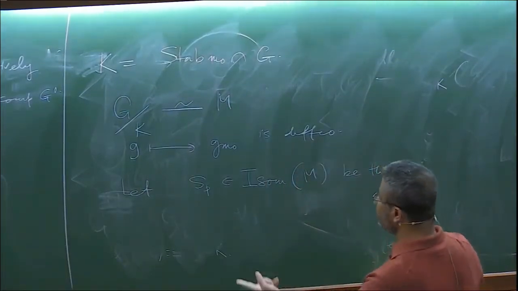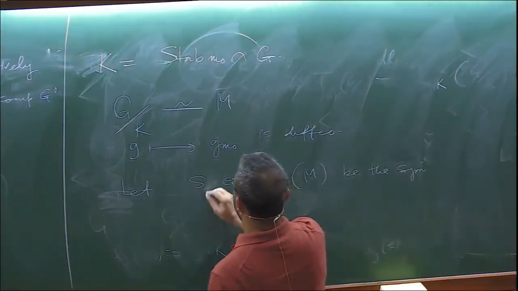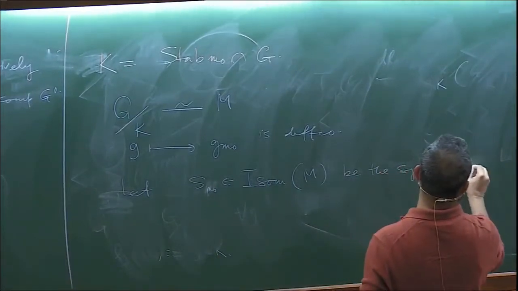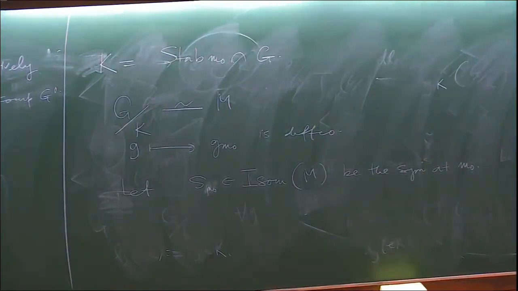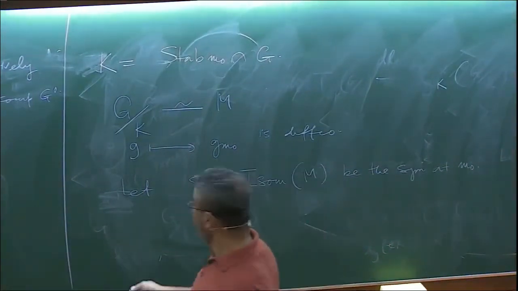I consider that unique symmetry at the point, not p, at m naught. S is in isometry M, not necessarily in the connected component, but the connected component is normal. Okay, so I consider the conjugation.